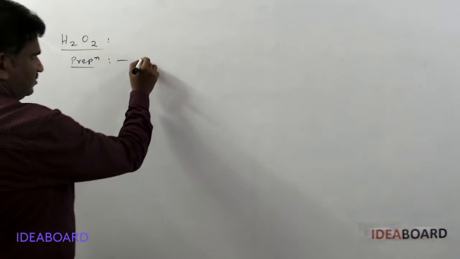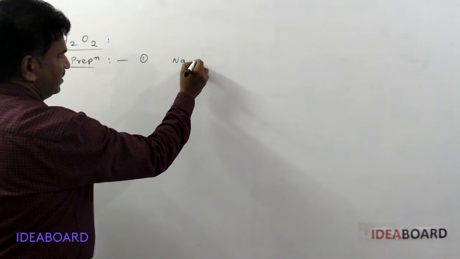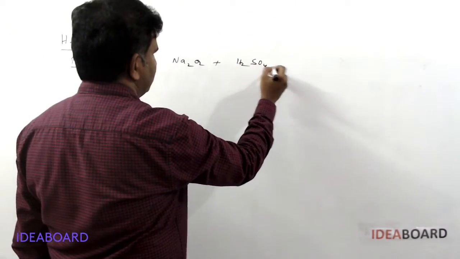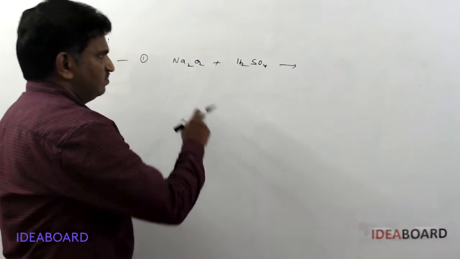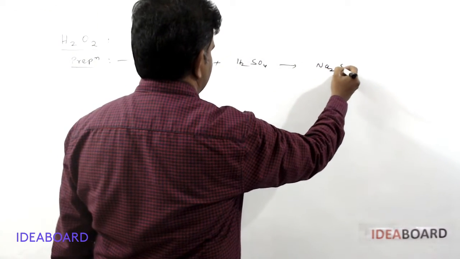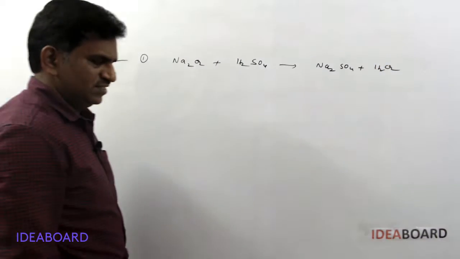In the preparation methods, first one is a laboratory method. Here sodium peroxide Na2O2 is treated with sulfuric acid. When sodium peroxide reacts with sulfuric acid, it forms Na2SO4 plus hydrogen peroxide.